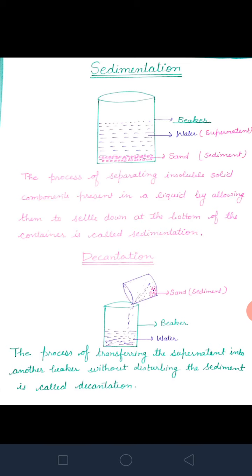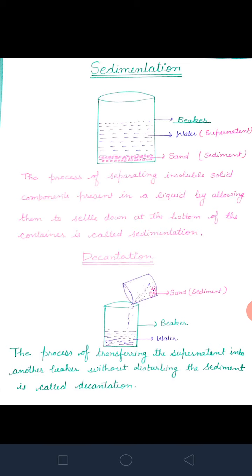What do we do in this process? The supernatant is carefully poured into another beaker, but we don't have to disturb the sediment. So the process of transferring the supernatant into another beaker without disturbing the sediment is called decantation.